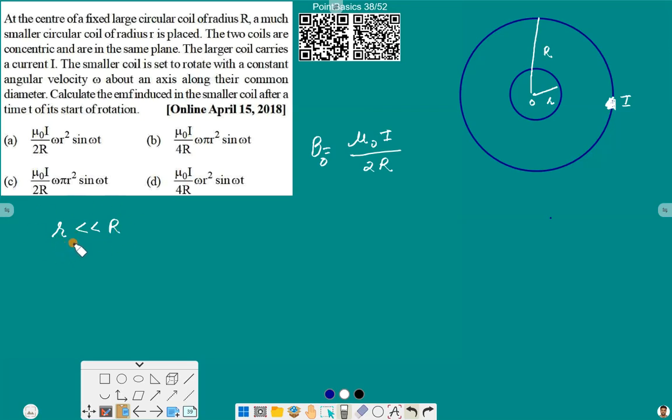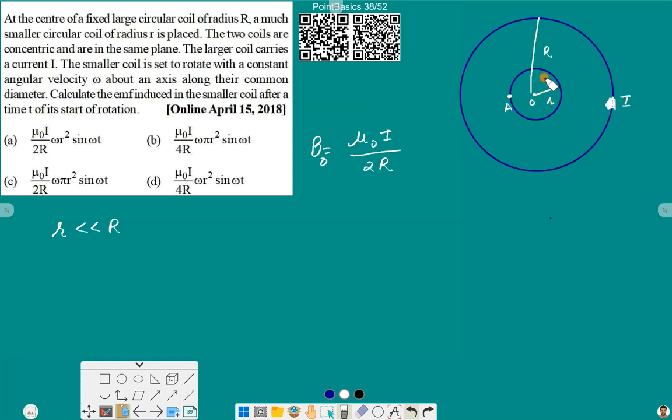Why this assumption? Because we have the formula for the magnetic field at the center, but we don't have the formula for the magnetic field elsewhere. Suppose I choose a point A inside the bigger ring, and I am asked to find the magnetic field here, then I don't have a definite formula for this point. I have only the formula for the center.